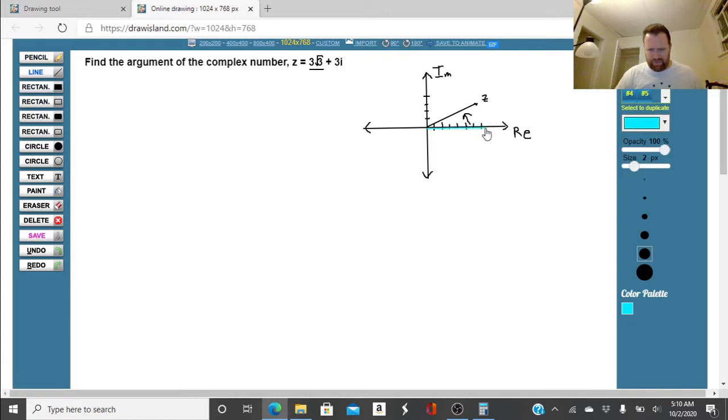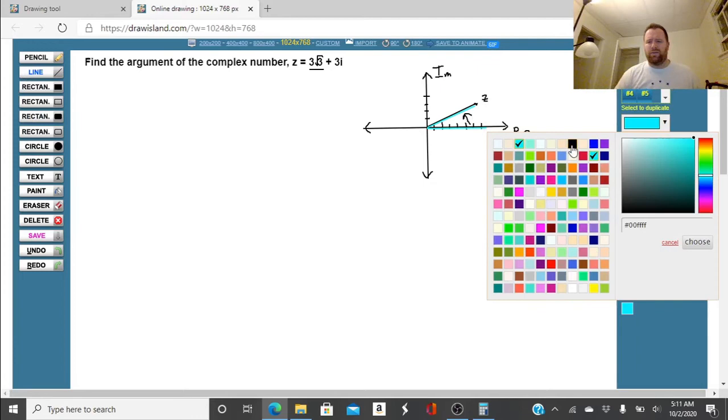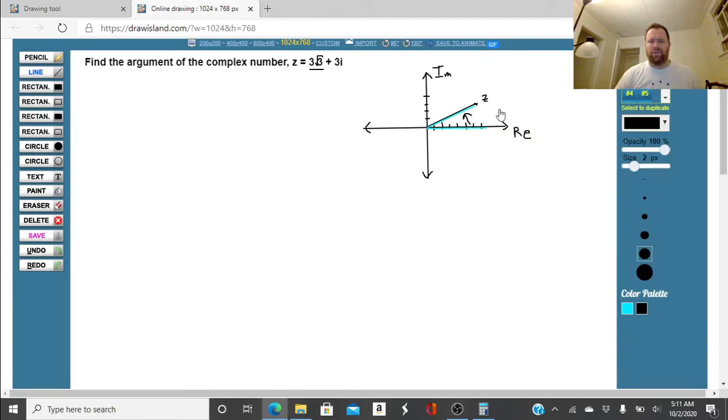So from the positive real axis right here to this line segment connecting the center and the complex number here, that is going to be your argument, okay?